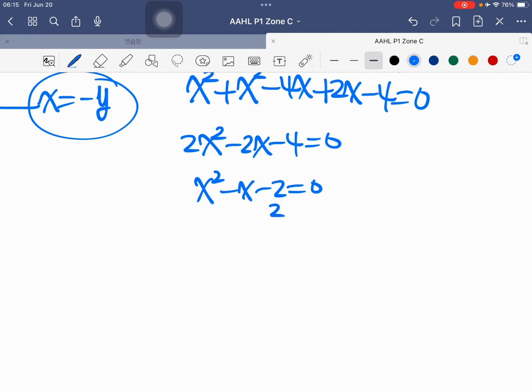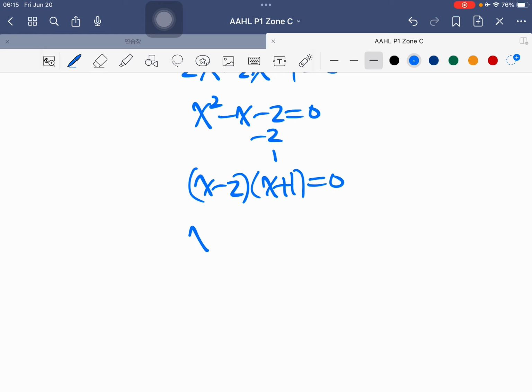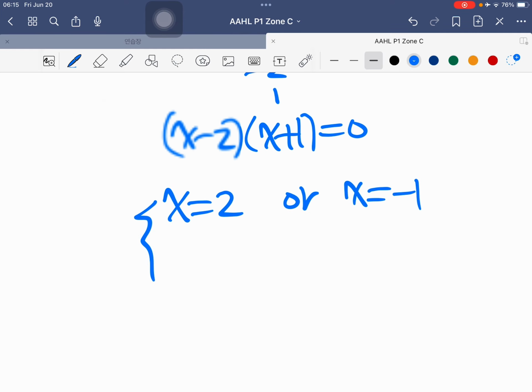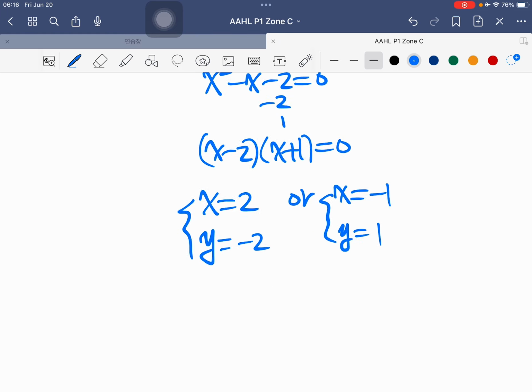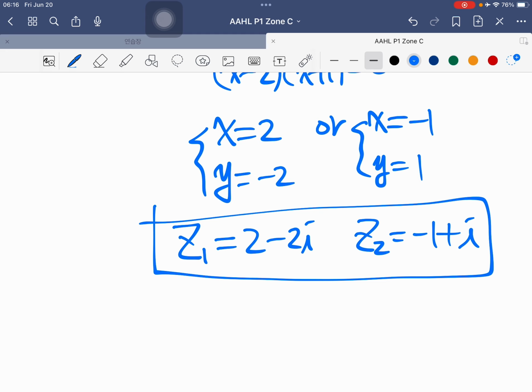So x minus 2, x plus 1 equals 0, which means x can be 2 or x can be negative 1. When x equals 2, because y is negative x, y equals negative 2. When x equals negative 1, y is 1, which means z1 can be 2 minus 2i, and z2 can be minus 1 plus i. So this is z1 and this is z2.